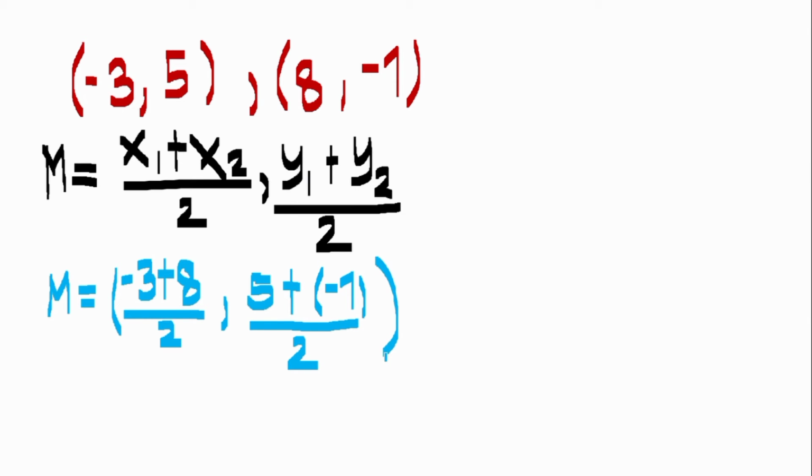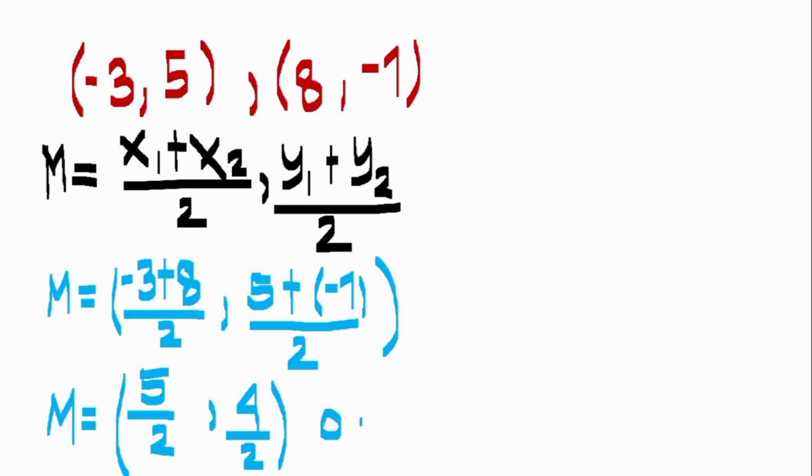So we have the quantity of -3 plus 8 divided by 2 and 5 plus -1 divided by 2. Then let's solve. We have -3 plus 8 is equal to 5 divided by 2. Then 5 plus -1 is equal to +4 divided by 2, or our midpoint is equal to the quantity of 5 over 2 and 2.